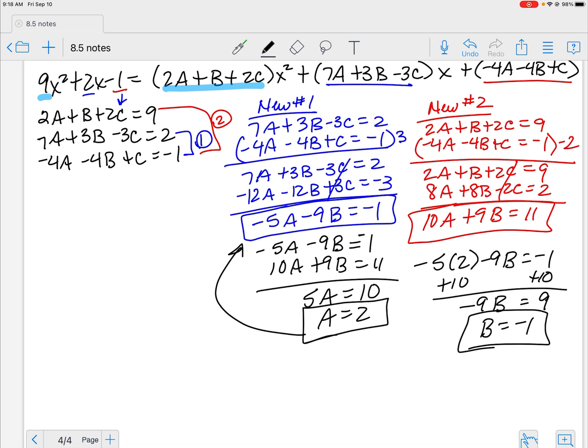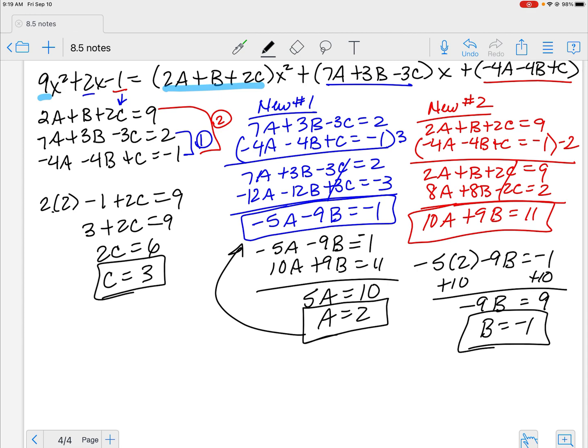We could do the top, the middle, or the bottom. Do you guys have a preference? Yeah, just go with the top. Okay, so 2 times 2 minus 1, because it's plus b, plus 2c is equal to 9. So 4 minus 1 is 3, plus 2c is equal to 9. So 2c is equal to 6, and c is equal to 3.